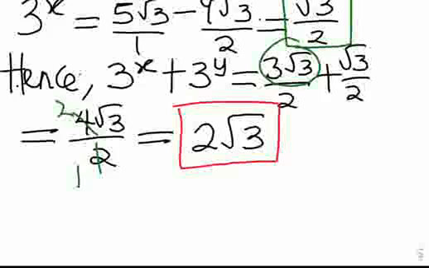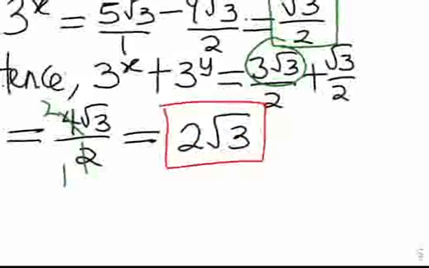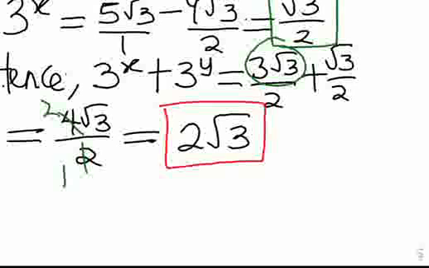The value for 3 raised to the power x is root 3 over 2, and the value for 3 raised to the power y is 3 root 3 over 2. Now adding these two answers together, root 3 plus 3 root 3 is 4 root 3 over 2. When the 4 root 3 over 2 is reduced, as you can see from here, I used 2 to reduce it. 2 into 2 is 1, 2 into 4 is 2. So when 4 root 3 over 2 is reduced, the final answer is 2 root 3.